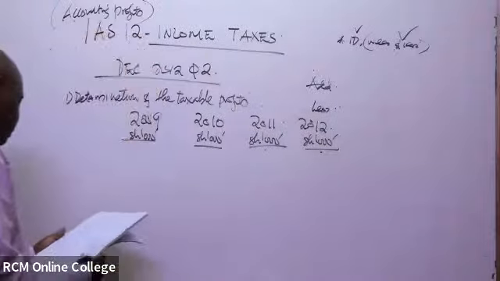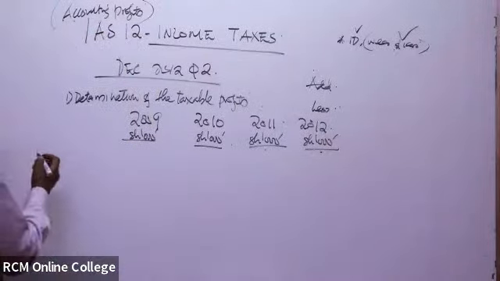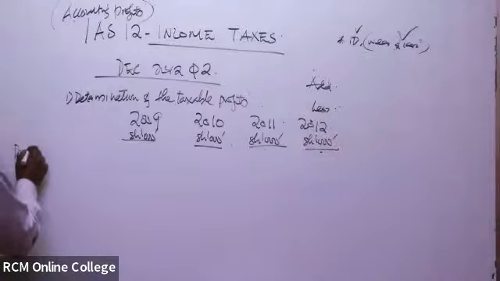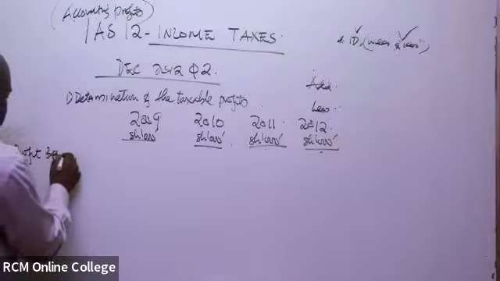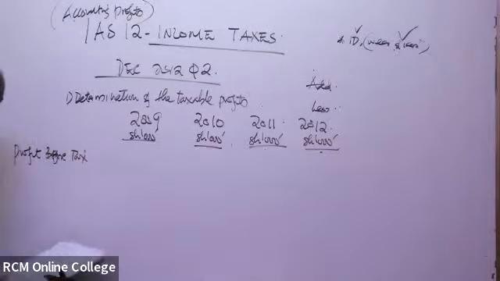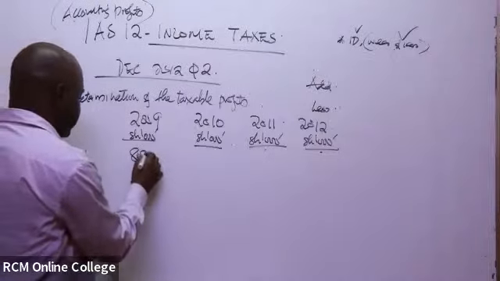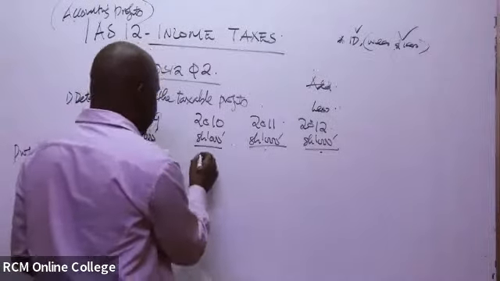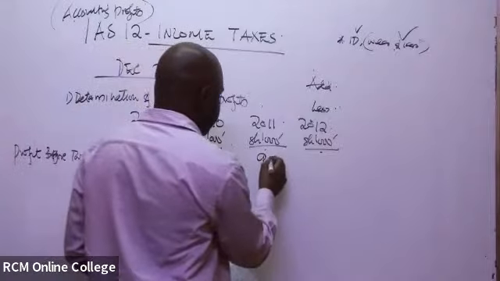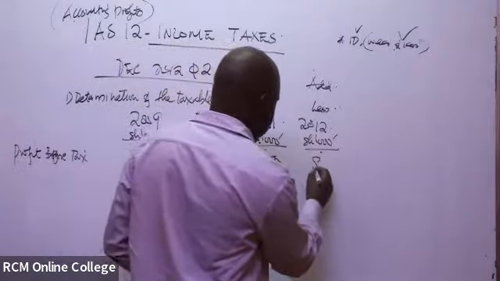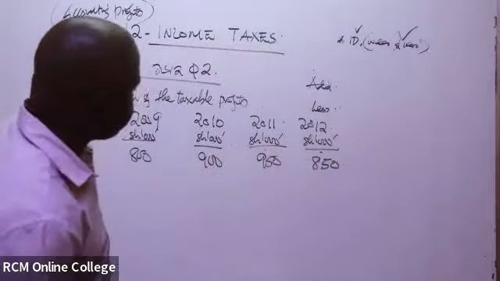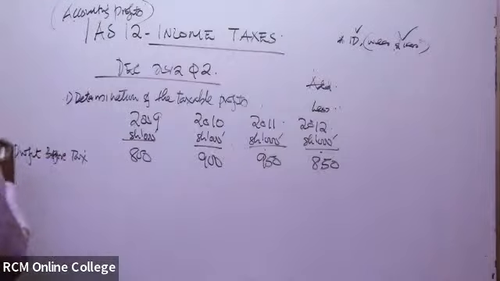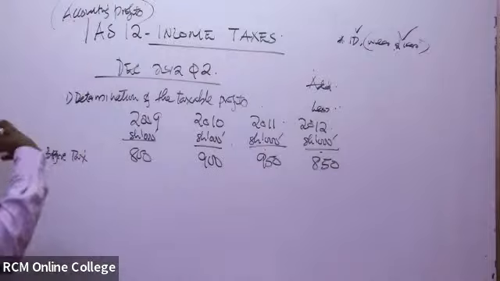So the profit before tax as per the books of accounts, from our table there, you can see it is 800,000, then 900,000, then 950,000, and 850,000. But when the taxman considers the taxable profits, he doesn't consider depreciation as an expense.